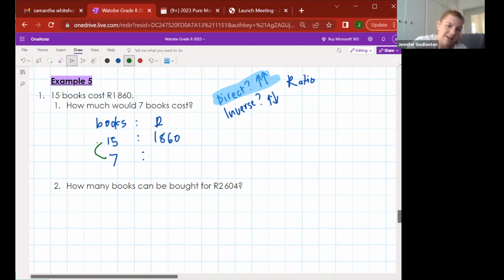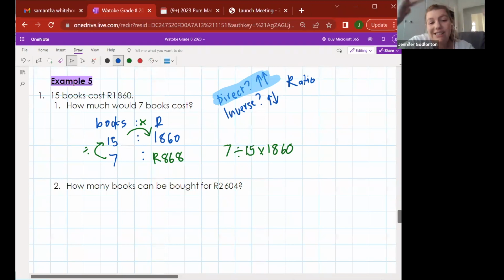So I'm going to divide up and times over. So I'm going to say 7 divided by 15 times 1,860. And we get the answer of 868 Rand. Nice.